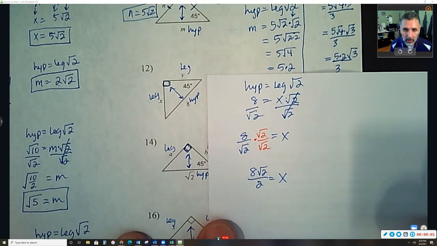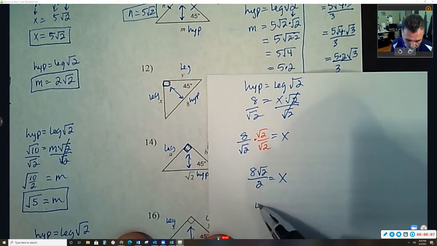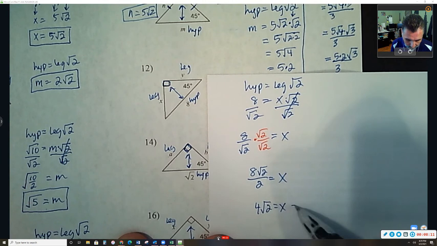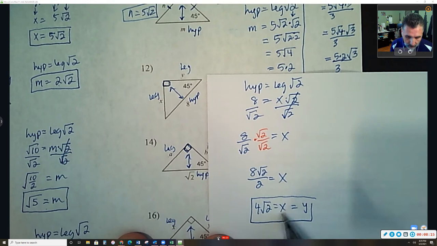And then you should look at this and be like, oh, I need to divide these. 8 divided by 2 is 4. Don't forget the square root of 2. That's x. And that's y, because these are the legs. Okay. So pause that right now and grab your answers.